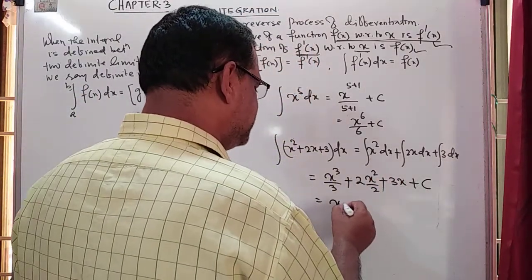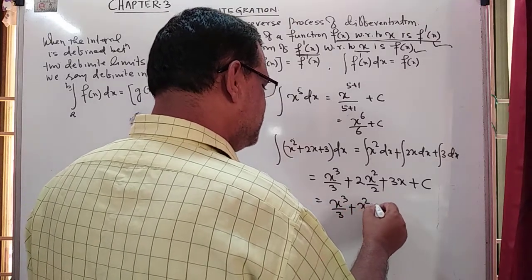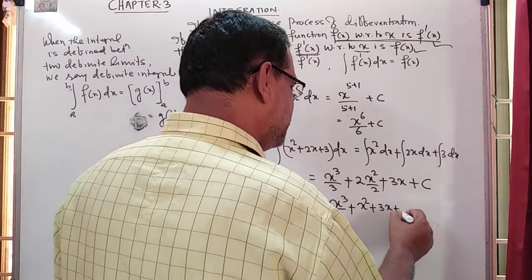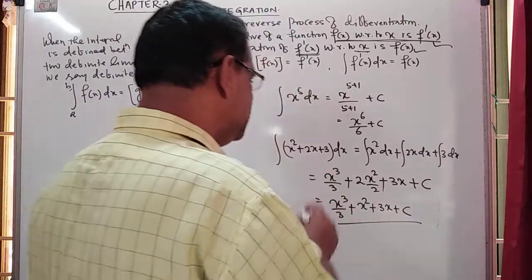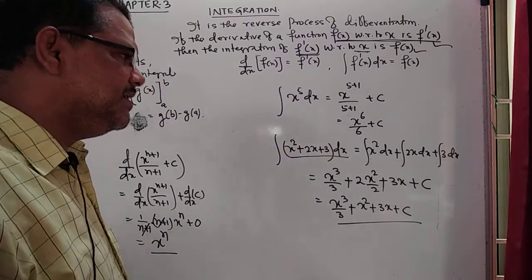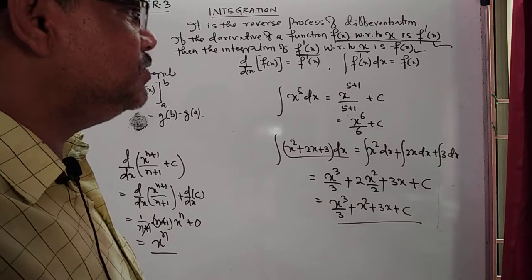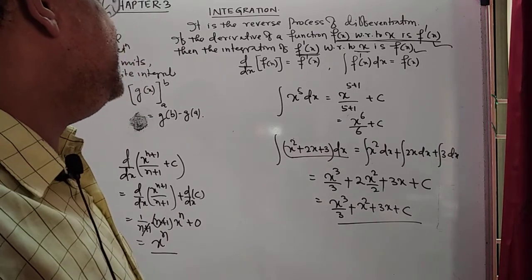So that is equal to x cube by 3 plus x square plus 3x plus c, the required expression for the integration of this function. In the same manner you can solve as per the formulas you know. Simply practice how to get the indefinite integration.